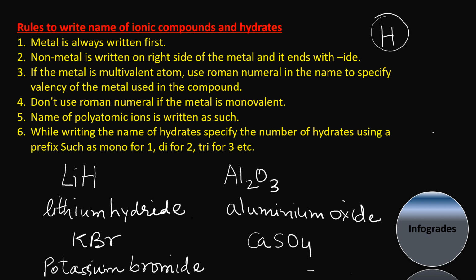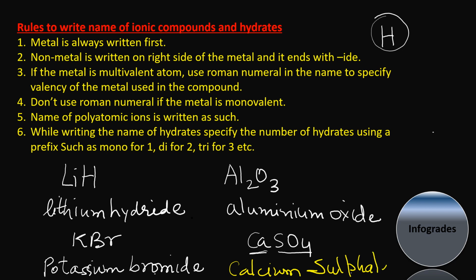Now here is the problem. Don't write calcium, sulfur, oxygen separately. Calcium is the metal. SO4 all together is a group of atoms you have spotted here. That means it is a polyatomic ion. So you will go back to the polyatomic ions list. So this one specifically is calcium sulfate.